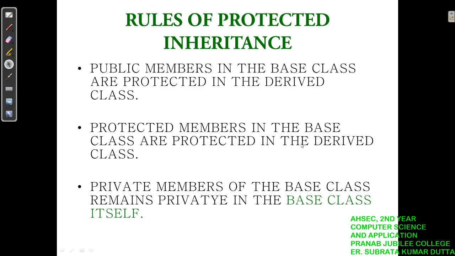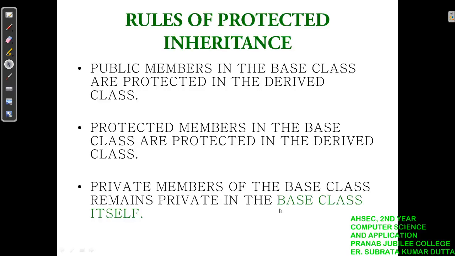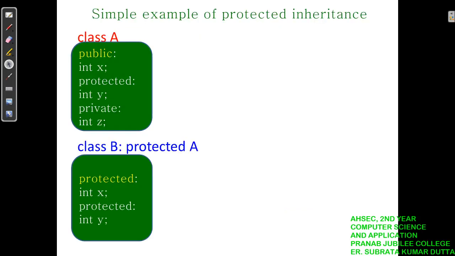Again, protected members in the base class will stay protected when inherited. And the last point is the same: private members of the base class will remain private in the base class itself, and will not be inherited in the derived class because the access specifier is private. All right, let's see this example.